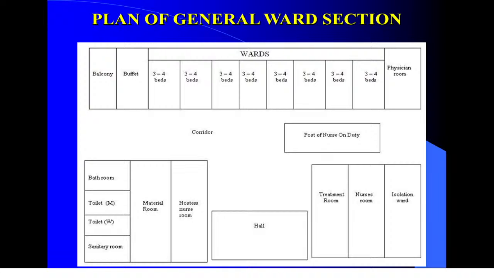Width of corridor is important for the movement of wheel stretchers. For turnaround of a wheel stretcher it must be minimum 2.4 meters. Better if the width of the corridor is 2.4 meters.